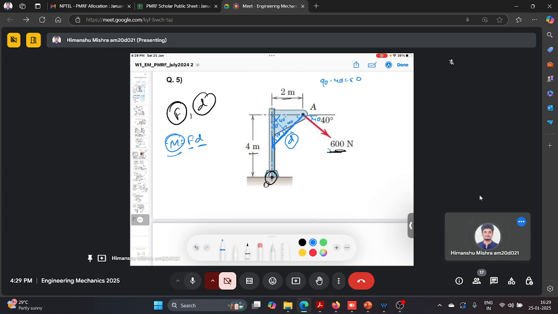This distance will be 4 cos 40, and this is 2 meter, so I know this distance, and I can calculate this distance, which is 2 sine 40. So my d will be 4 cos 40 plus 2 sine 40.